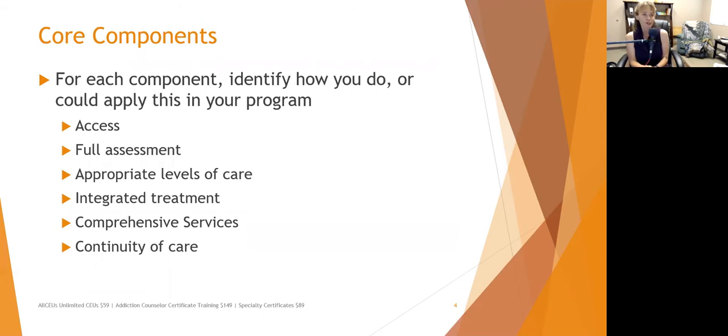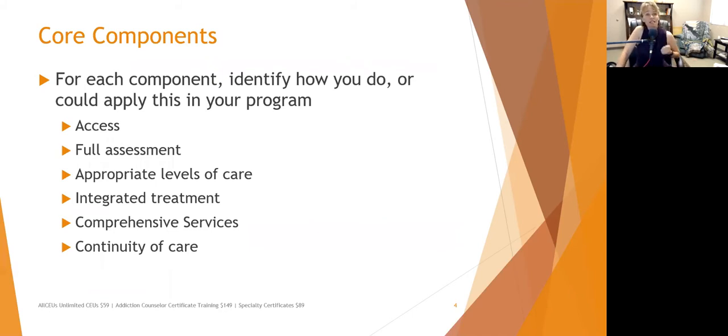Even if you don't treat the mental health and another clinician does, that's okay. But you need to be aware of what's going on in those treatment sessions. So, for example, if they start working on intense trauma issues there, you know that the person is going to be at greater risk for relapse, and you can maybe tailor what you're doing in substance abuse treatment to help them prepare for that.